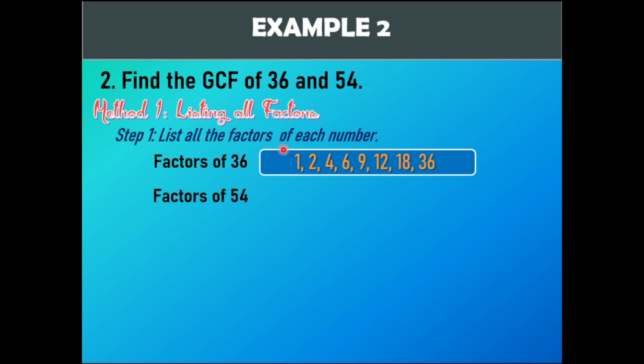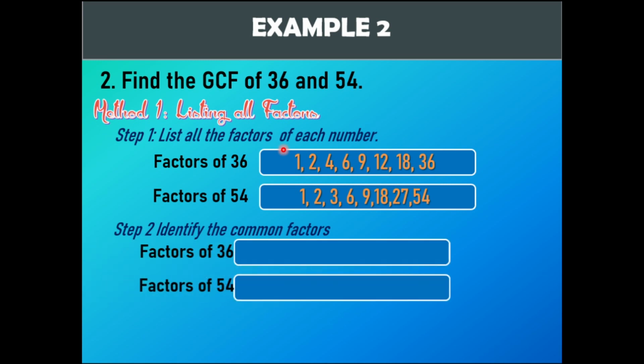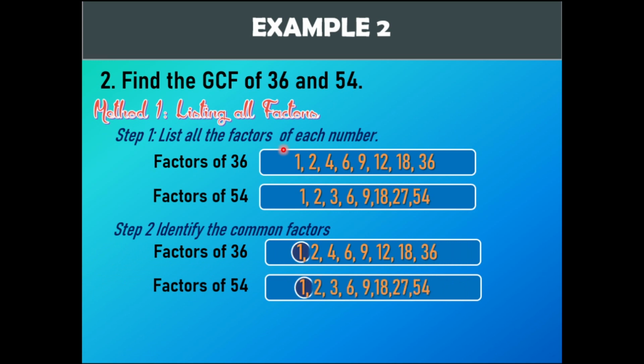Factors of 54 are 1, 2, 3, 6, 9, 18, 27, and 54. For step 2, identify the common factors. Now let's encircle the common factors of 36 and 54. So we have 1, 2, 3, 6, 9, and 18.